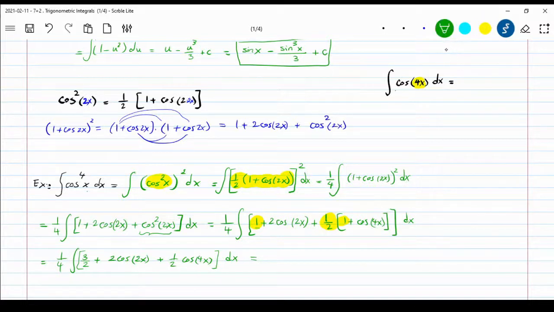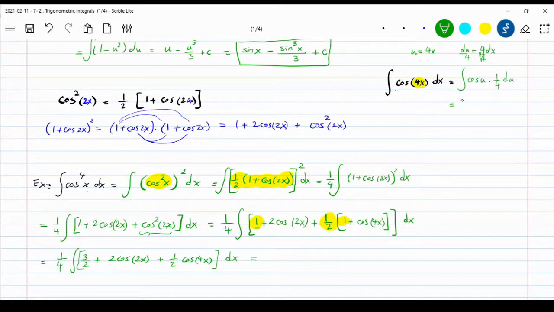So you can say u equals 4x, therefore du equals 4 dx, taking a derivative from both sides. So this integral becomes cosine of u multiplied by, instead of dx, you should divide both sides by 4. You will get dx to be du over 4, or 1/4 du.